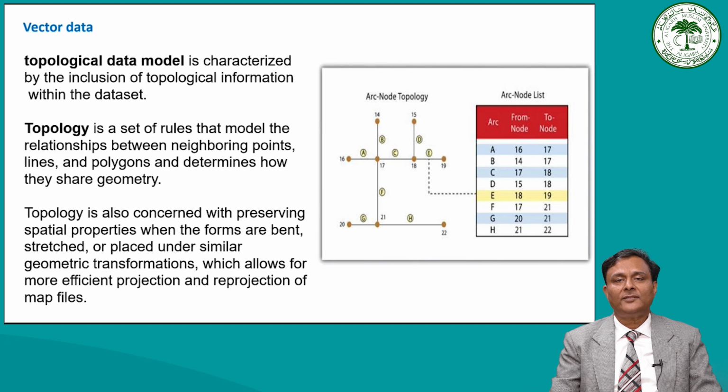Now, in contrast to the spaghetti data model, the topological data model is characterized by the inclusion of topological information. You recall we have explained earlier what we mean by topology. Topology is very important in the context of spatial information, because it gives us an exact idea of any spatial phenomena over the Earth's surface, and its relationship with its surroundings.